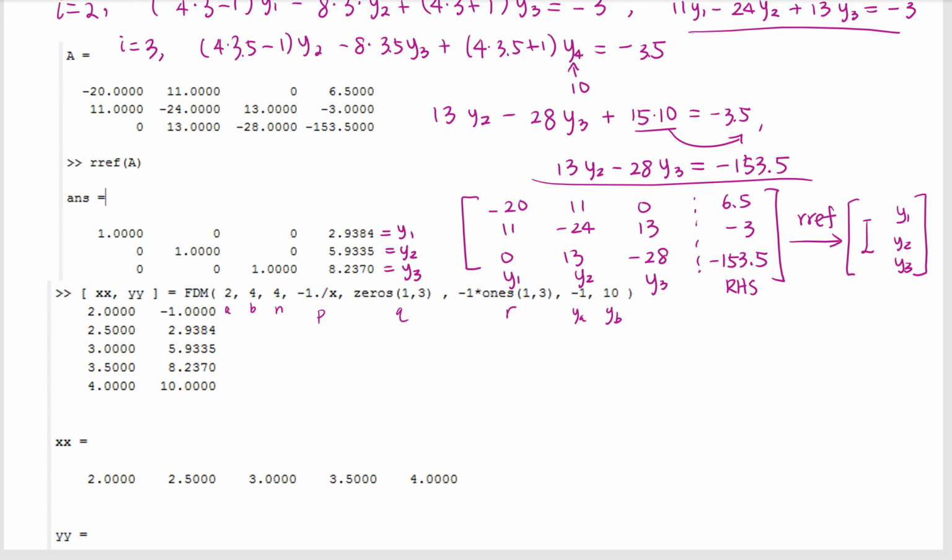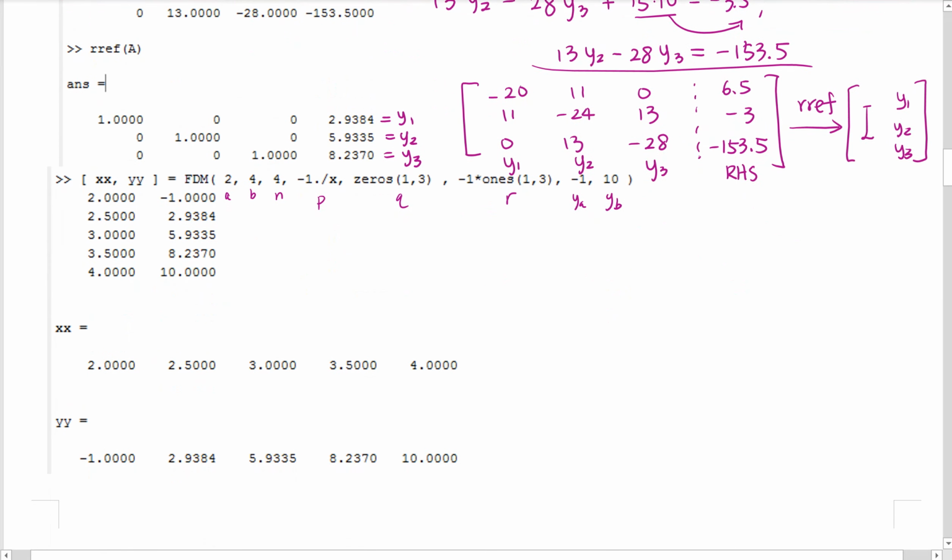And q is just zeros, but we want a vector, a 0 vector, with dimension 1 column and 3 rows. And then r is minus 1, but we want it to be a constant vector, so we do minus 1 times ones with dimension 1 by 3. Okay, and then you can see this is the finite difference formula, and you can see that our answer matches the results here. So far so good, everybody?